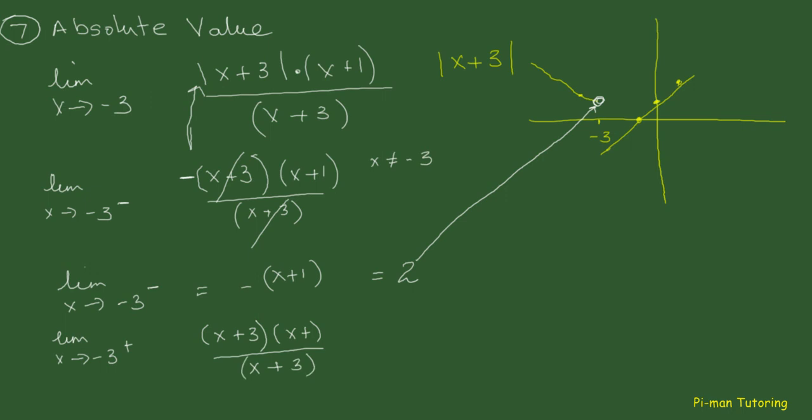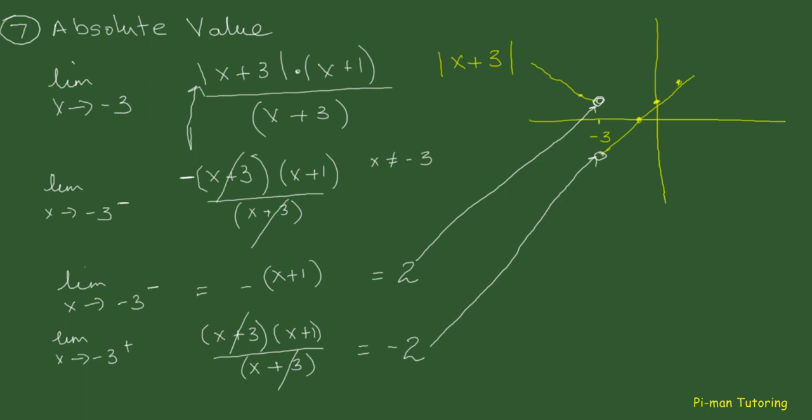And then, as before, we can cancel these terms, feed in a value of negative 3, and we get an answer of the limit is negative 2. And that's what we show in the sketch of this function, that when we're approaching from the right-hand side, the function is approaching a limit of negative 2.